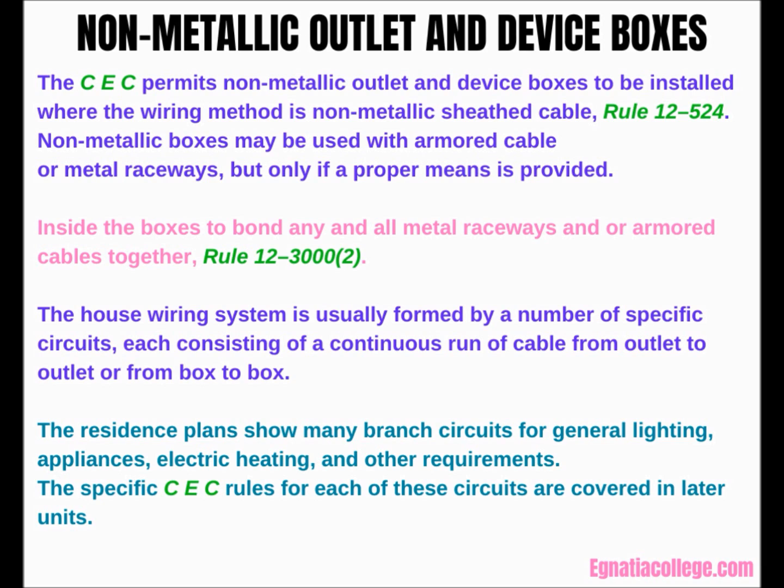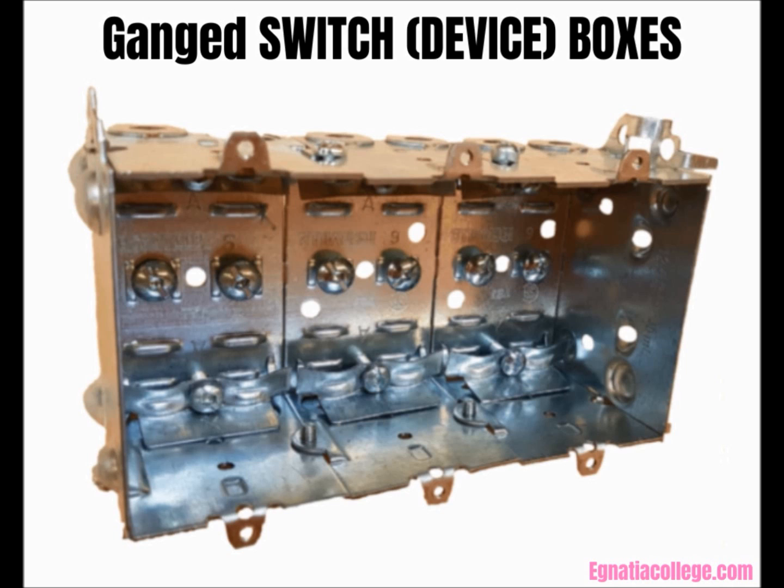The specific CEC rules for each of these circuits are covered in later units. Ganged switch device boxes. A flush switch or receptacle outlet for residential use fits into a standard 3 by 2 by 2.5 inch sectional switch box, sometimes called a device box.